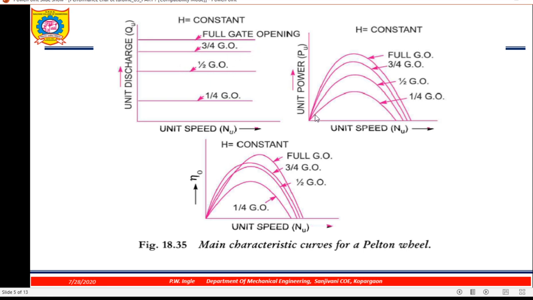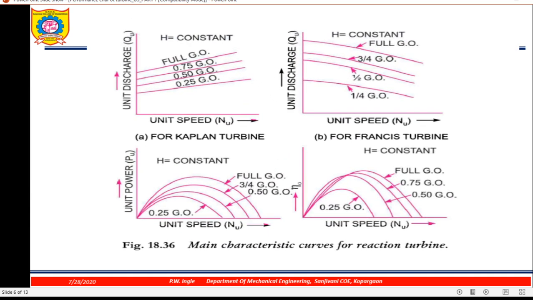Then next, if you plot unit speed versus unit power, you will get curves like this for 1/4, for 1/2, for 3/4, and for full gate opening. Similarly, the characteristic between overall efficiency and unit speed is shown here. Now we'll discuss how we are getting this.